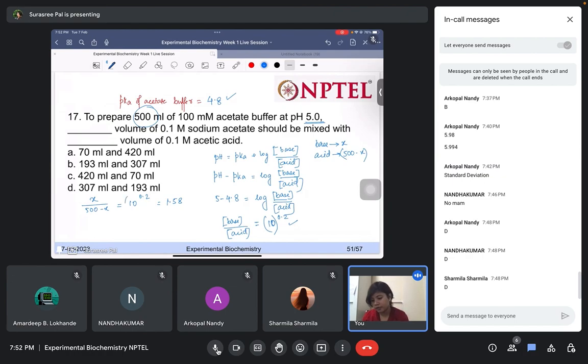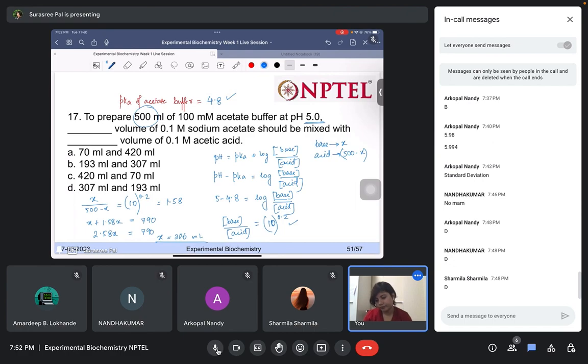If you solve this equation, you get X plus 1.58X equals 790, so 2.58X equals 790. So X will be approximately 306 ml.